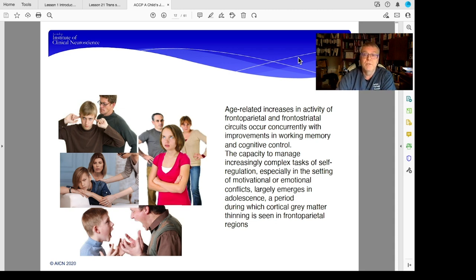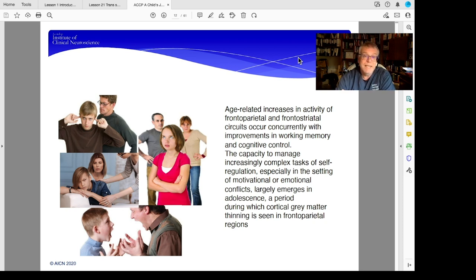Now, during this period, gray matter thinning is seen in frontal parietal regions due to apoptosis happening. So we're removing neurons that aren't performing well or have significant use thresholds.